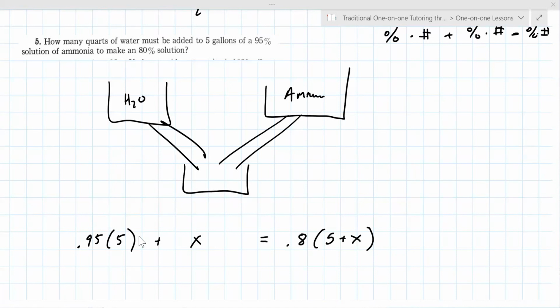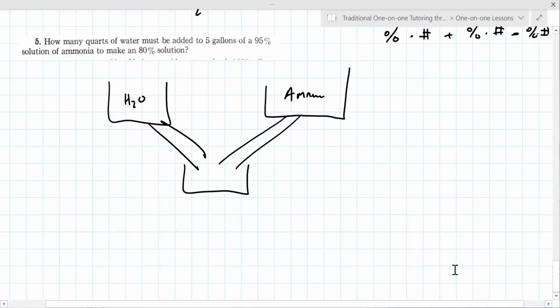Maybe this is one of those other ones. There are 2 types here. So you currently have 5 gallons, and you want to add some more in there. And you need this ratio to be 0.8. So you have 0.95 times 5 plus x, and I think that's what I just wrote.